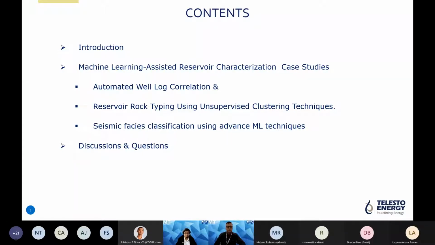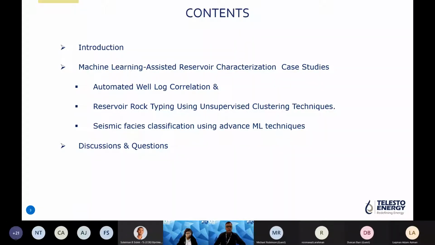The talk will cover 3 areas. One is well log correlation, how using machine learning algorithms we can automate the well log correlation in some cases. The next one is reservoir rock typing. Reservoir rock typing is something geomodelers, petrophysicists and reservoir engineers do to perform integrated reservoir studies and build static and dynamic models.